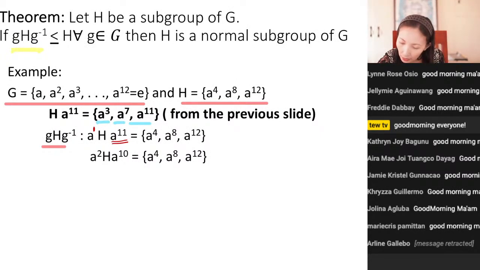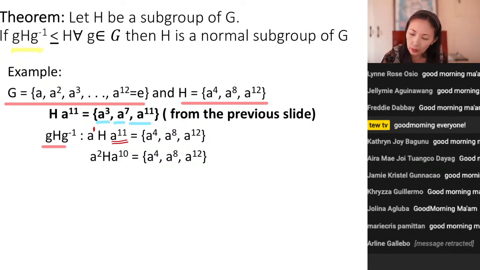So, a multiplied to each of the members of H a to the 11: a raised to 1 times a cubed is a to the 4th. Next, a raised to 1 times a raised to 7 is a to the 8th. a raised to 1 times a to the 11 is a to the 12th. Did we end up with H? Yes.